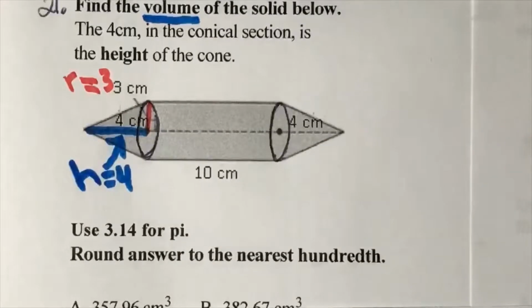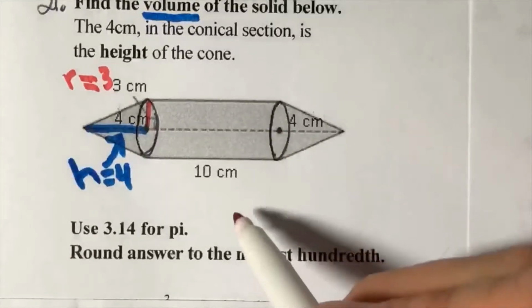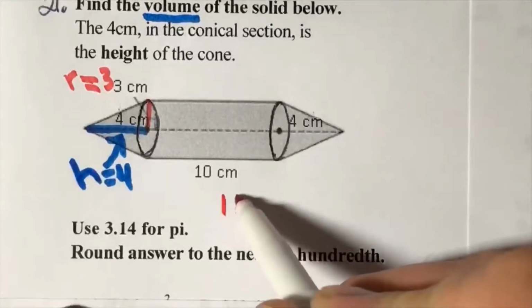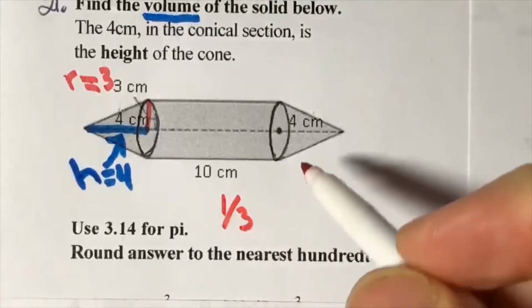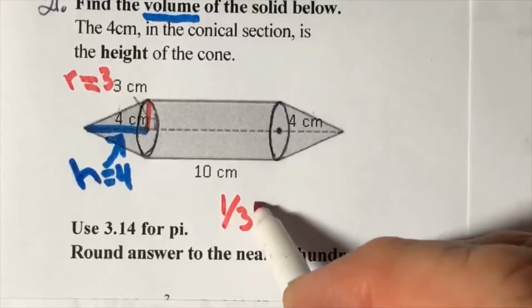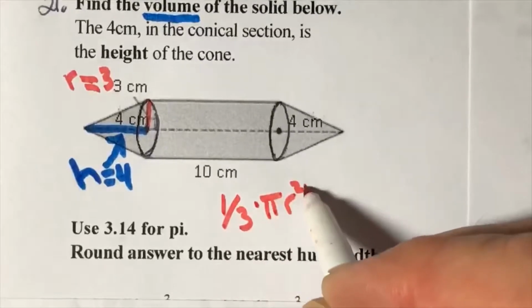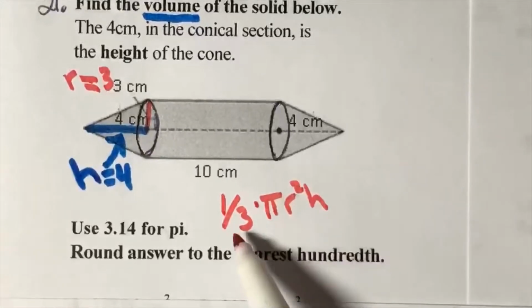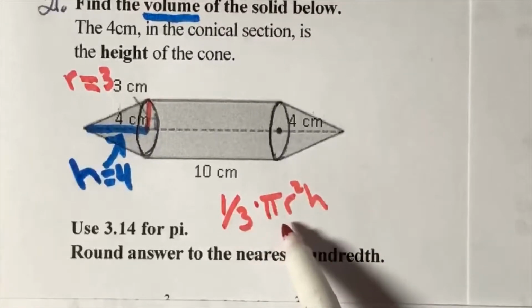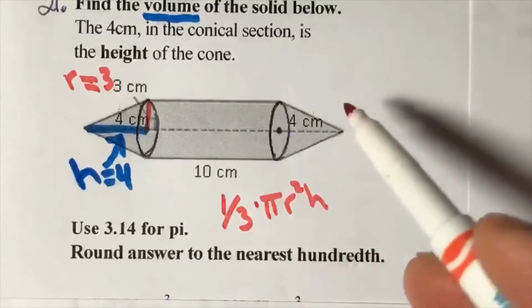When we get started here, if I begin writing down the cone, 1/3 pi r squared h, I can't forget that I have 2 cones that are identical.